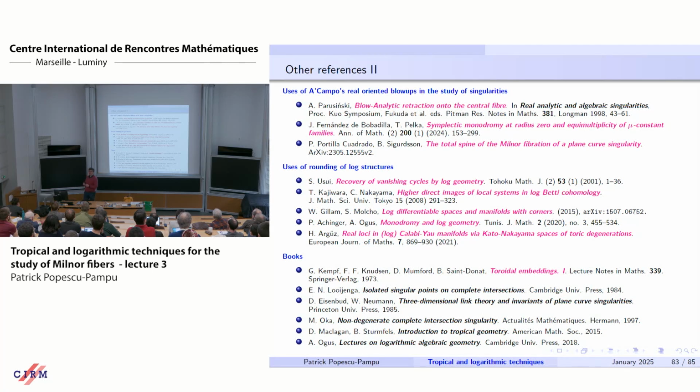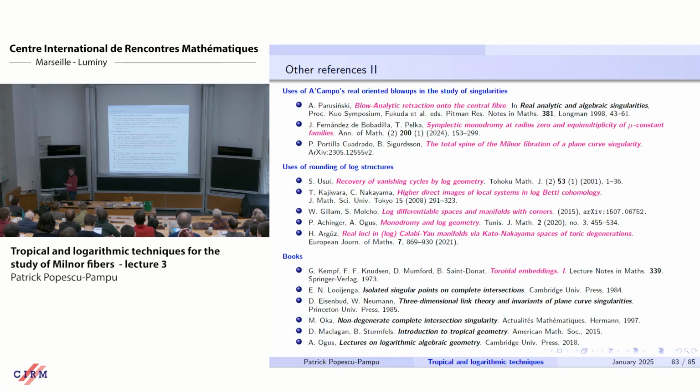And finally, here are some foundational books. For instance, Kempf, Knudsen, Mumford, Saint-Donat was the first book about toric varieties and toroidal varieties. Looijenga is a very good reference for Milnor fibers in general, for smoothings.